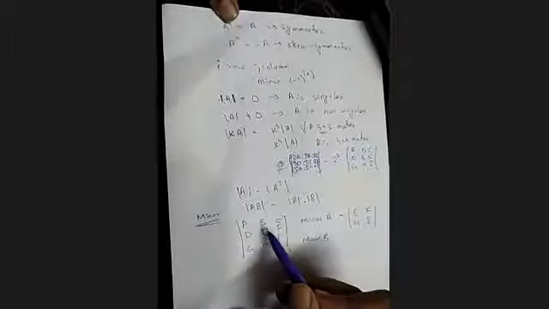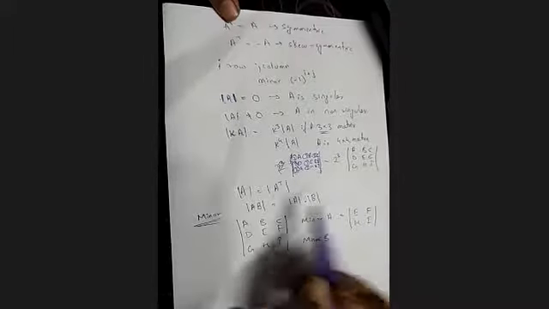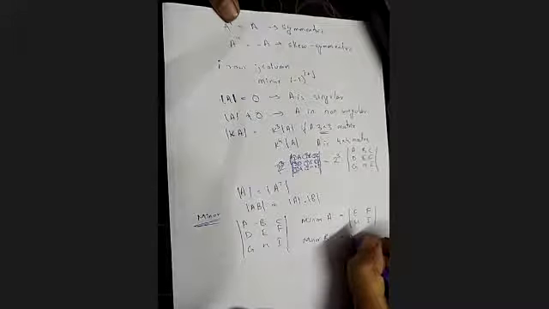Minor of B will be: remove this row and this column. What will be left? D, F, G, I.